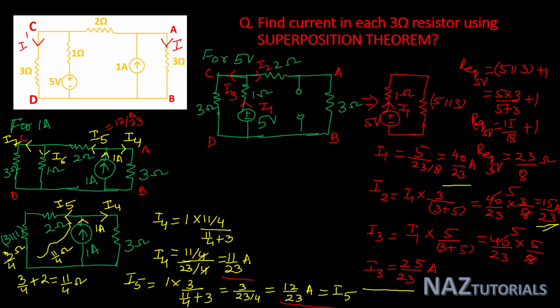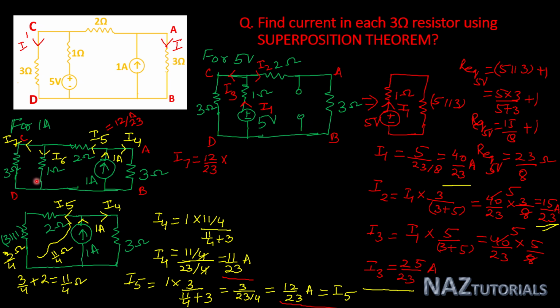Now calculate I7 for CD branch. So the value of I7 is 12 by 23 total current multiplied by opposite branch resistance. This total current 12 by 23 divided in 1 ohm and 3 ohm.